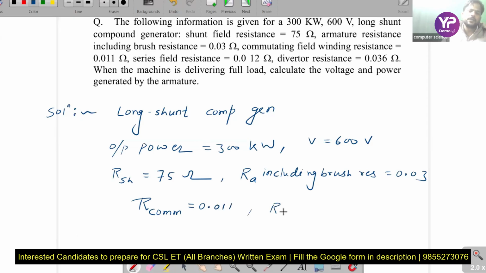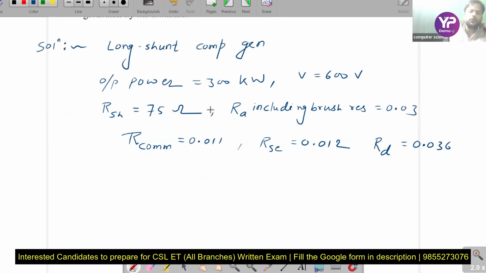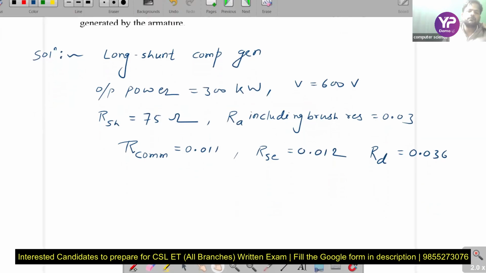Series field resistance is 0.012 and diverter resistance is 0.036 ohm. When the machine is delivering full load, calculate the voltage and power generated by the armature. We need to find generated voltage and generated power.